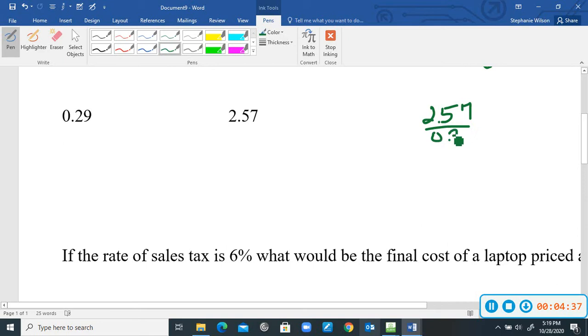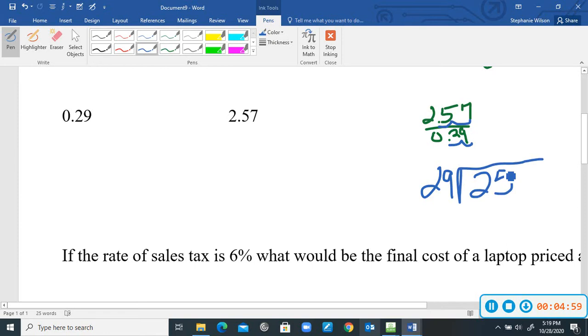Whenever we divide by decimals, we need the denominator to be a whole number, so we grab that decimal and move it 1, 2 places, turning it into a whole number. Whatever I did there, I have to do to the top. So now I have 257 divided by 29.